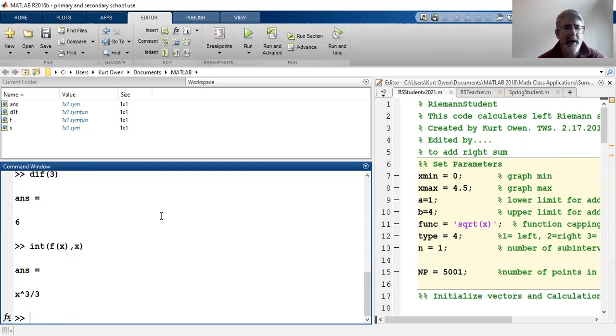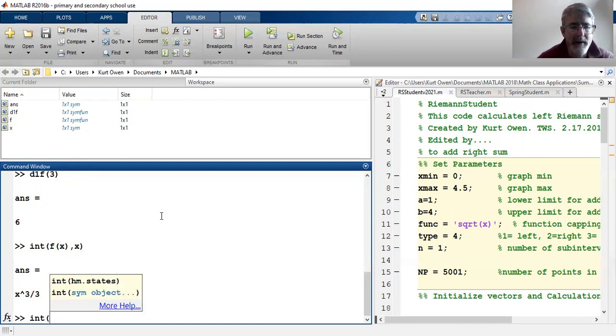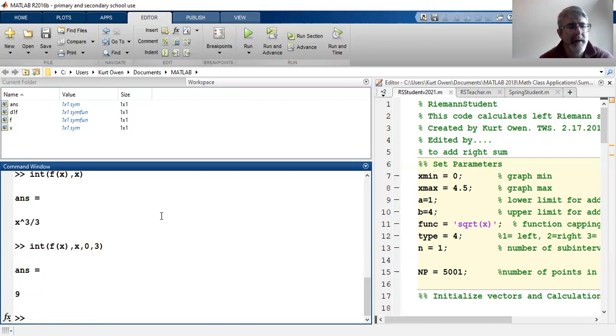Now, other things I could do, I can integrate f(x) with respect to x on the interval from 0, let's go up to 3. And it gives me that the answer is 9. So it actually took the antiderivative at 3 and subtracted the antiderivative at 0.